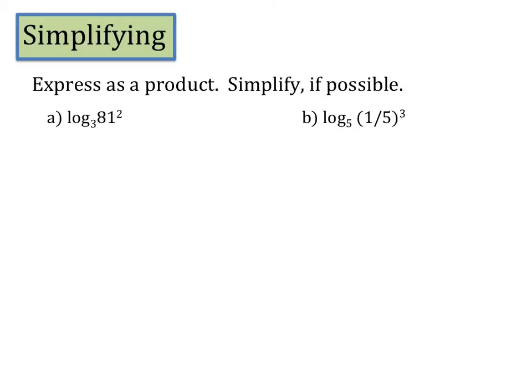Let's take a look at 2 logarithmic functions and use the power property to help us simplify. So in our first example here, we have log base 3 of 81 raised to the 2. So the first thing I want to use is the power property because I want to help get that 2 out of the way. So I'll bring that 2 to the front, and then it'll be 2 times log base 3 of 81.